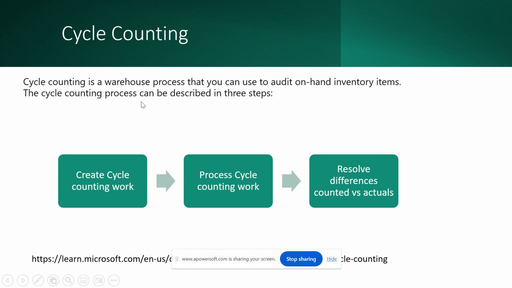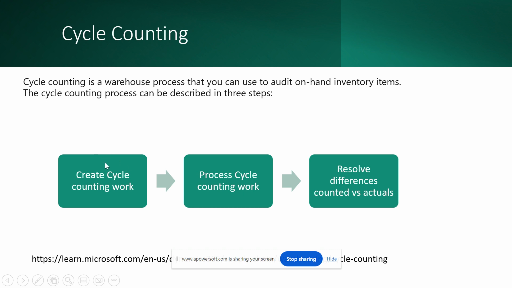That's where the cycle counting process comes into the picture. This is done basically quarterly or half-yearly. Sometimes there are even warehouses I have seen which perform cycle counting at the end of every month, before the inventory closure. That will ensure that your stock always matches your real-time data.